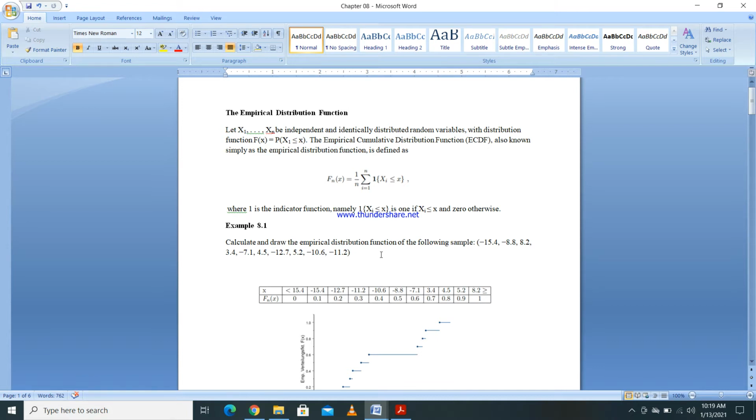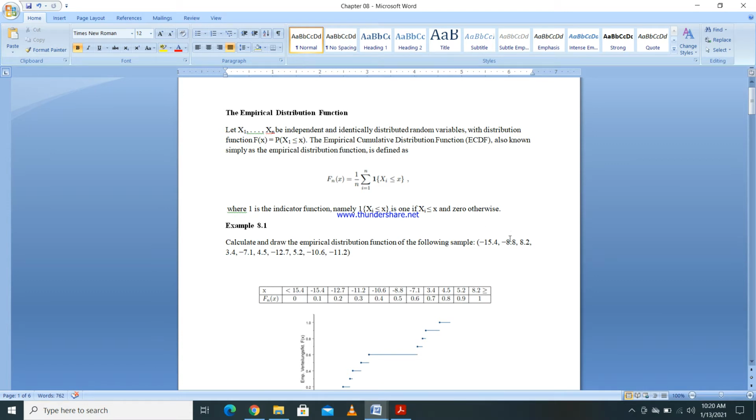Now let's say you have this data set. You have to calculate the empirical distribution function and draw it. When you have this data set, the first thing you can do is arrange the values in ascending order, because it would be easier. Checking here, the first value is minus 15.4.